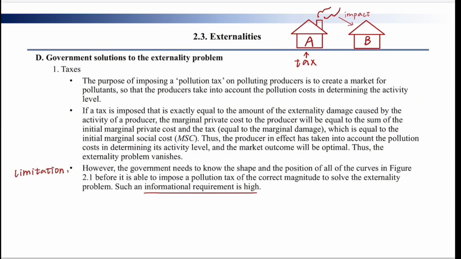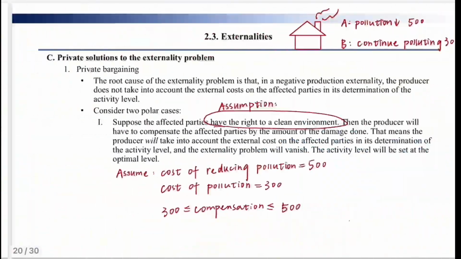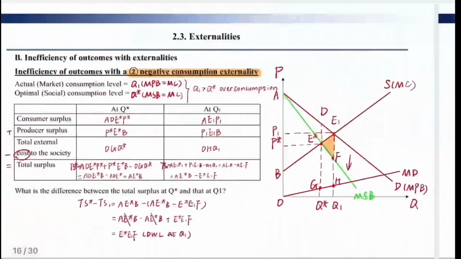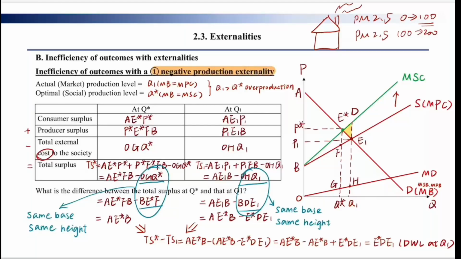But this method has a limitation. What is the limitation? Let's recall our first graph, the negative production externality. We used the example of factory pollution. Do you remember it? So as the government, if I levy a tax, what is my purpose? My purpose is to make the deadweight loss, this small triangle, equal to 0.